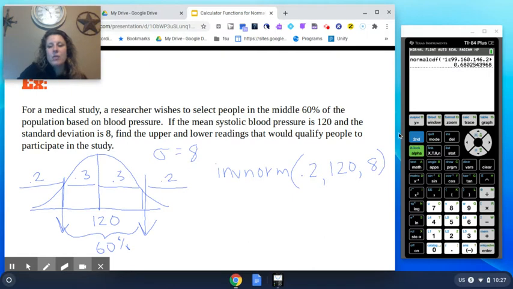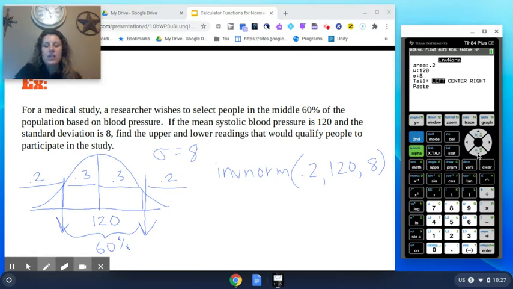We go to the same location in the graphing calculator, second vars, but we choose inverse norm, which is number 3. The area to the left is 0.2. The mean is 120. And the standard deviation is 8.